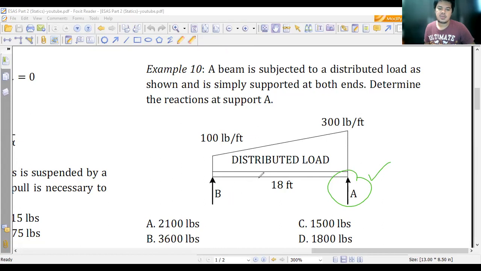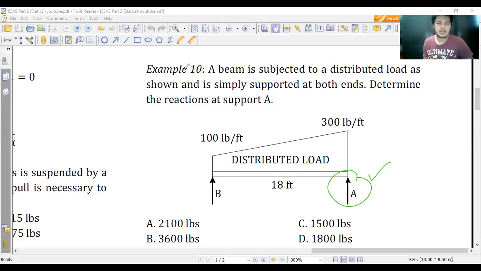So how do we analyze distributed load? In problem number 10, we have a simply supported beam.